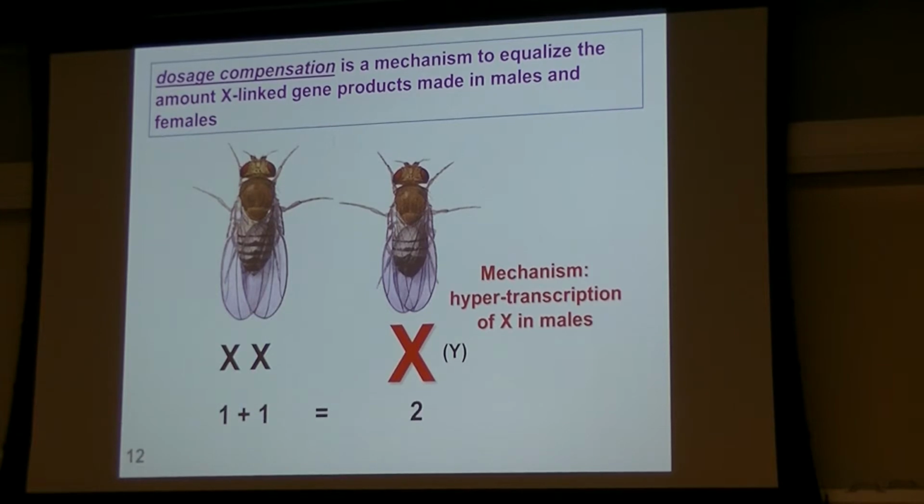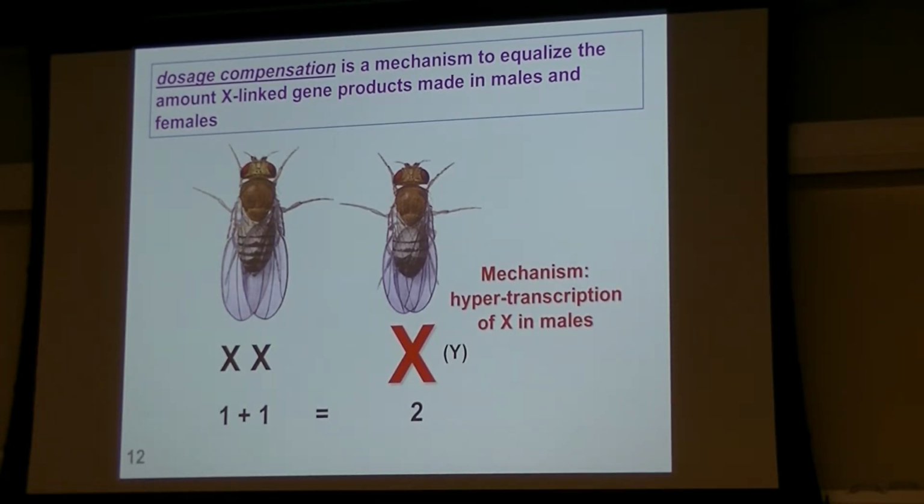So we need to make sure that the males have enough gene product, enough protein made from their 1 X chromosome, that they're able to survive and have normal metabolism. On the other hand, we don't want females to be overwhelmed with excess numbers of X-related gene products. So how can the body deal with this? I'm going to show you 3 different animals, and they all do this in a slightly different fashion, but they still meet the goal in the end of equalizing gene products from the sex chromosome.